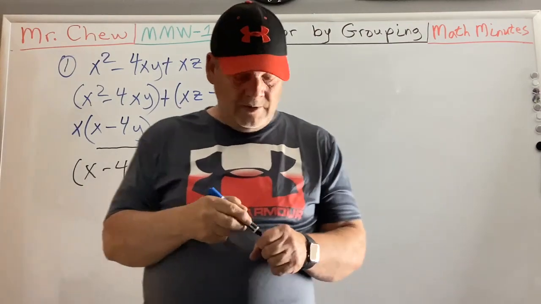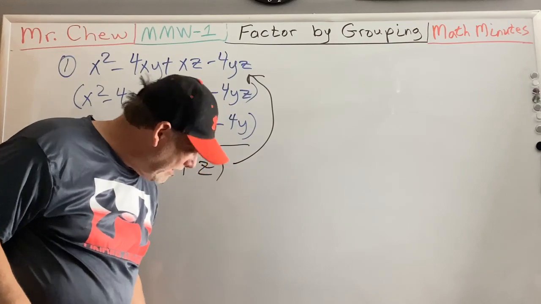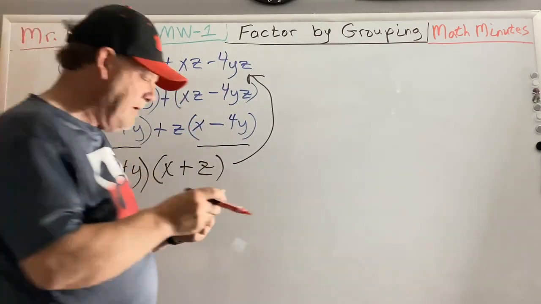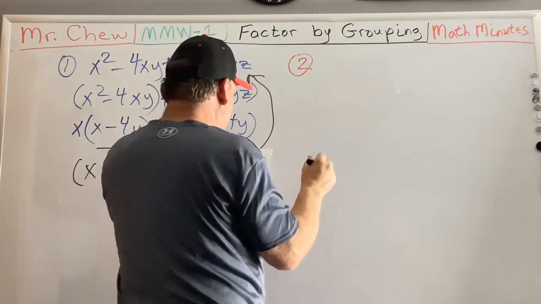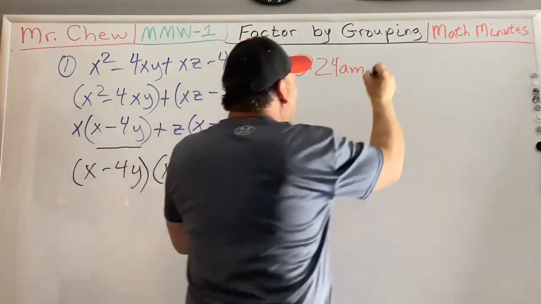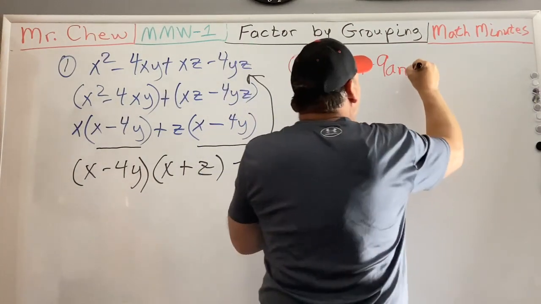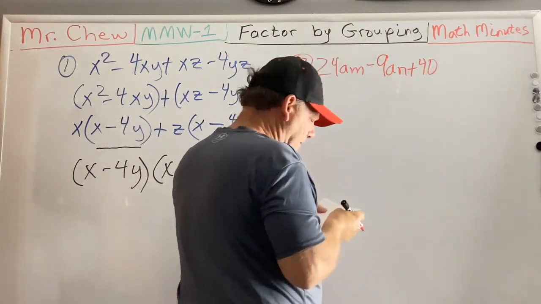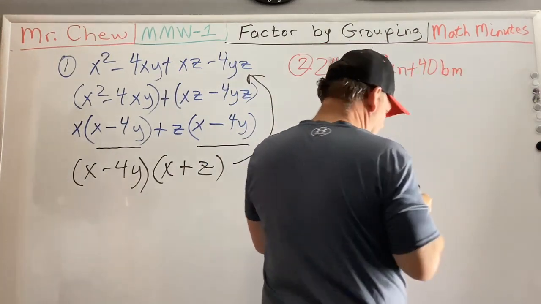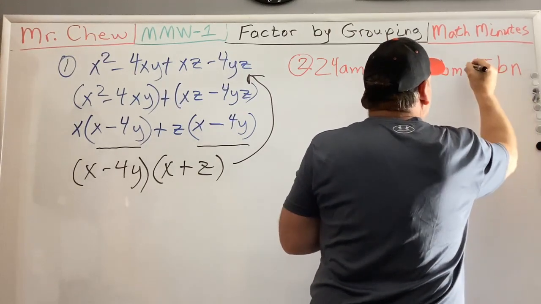That's example 1. Pause this now and see if you can do example 2 after I write it up here. Example 2 is 24am minus 9an plus 40bm minus 15bn.